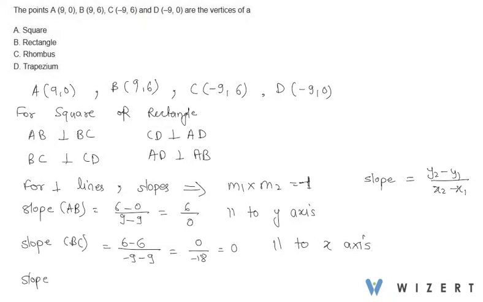Slope of CD is (0 minus 6) divided by (-9 minus -9), which is -6 by 0, and that means CD is parallel to the y-axis.